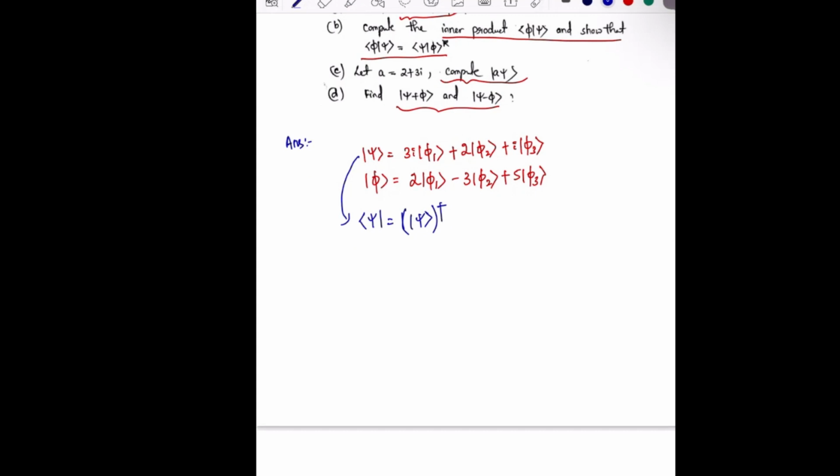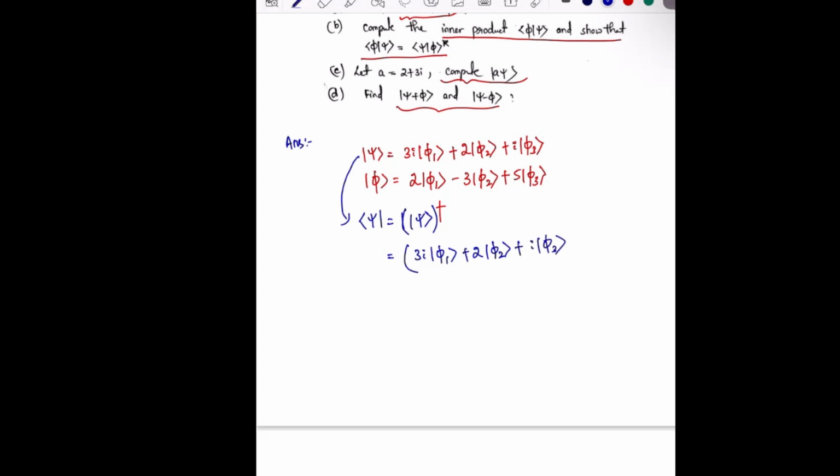I think in one of the problems I wrote psi star, but in general, if you are taking a matrix method, then you should write it as a dagger, not as a star. So this is nothing but the dagger of the ket vector psi. So psi is given to you as 3i phi 1 plus 2 phi 2 plus i phi 3.